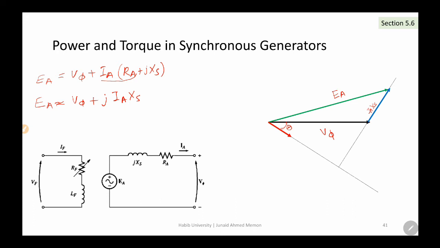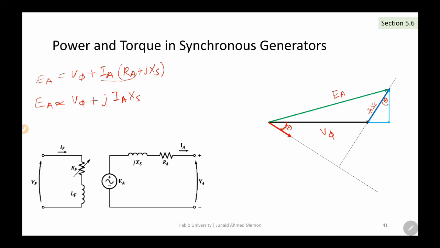Let's do some resolution of these vectors along the V phase and perpendicular to the V phase. We break the IAXS vector into two parts: one along the V phase, and the second perpendicular to the V phase. An interesting thing you can see here is that this angle theta is the same as this angle.